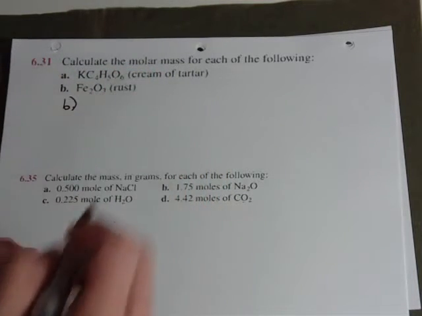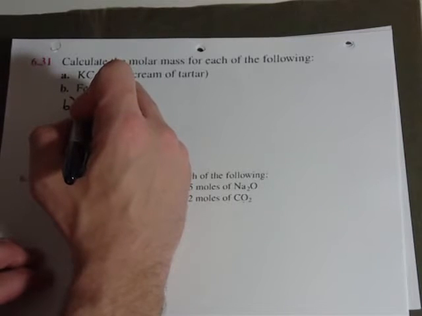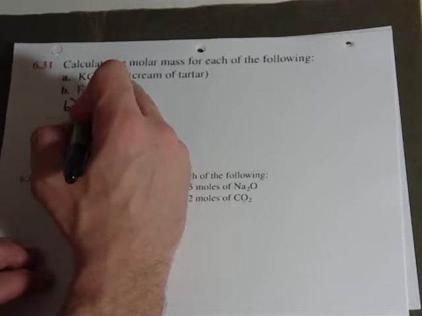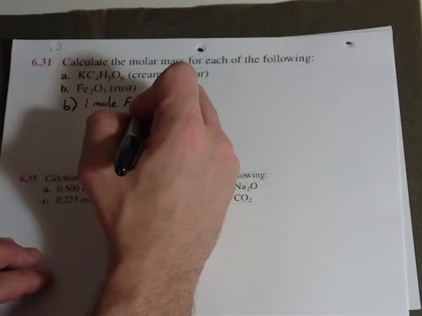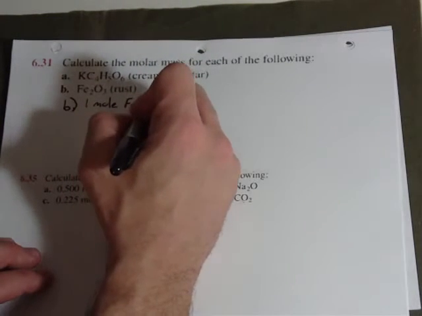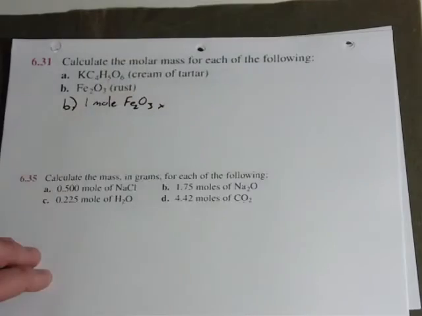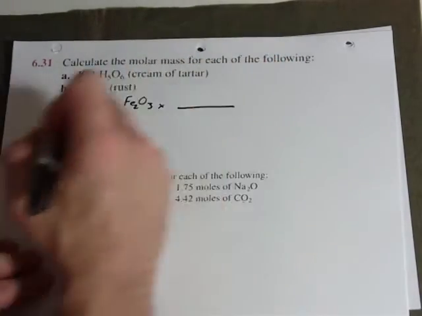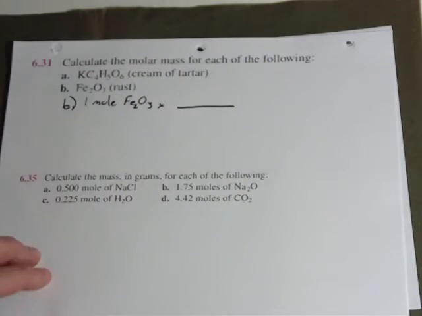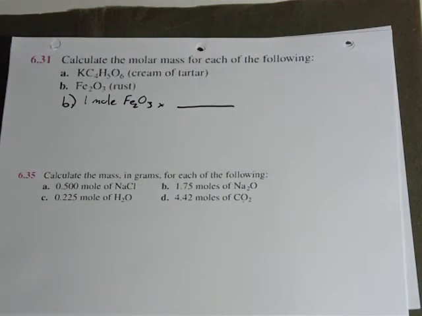And so if we have 1 mole of Fe2O3, then we have a mole-to-mole ratio, and we're going to solve for how many moles of iron we have and how many moles of oxygen we have.